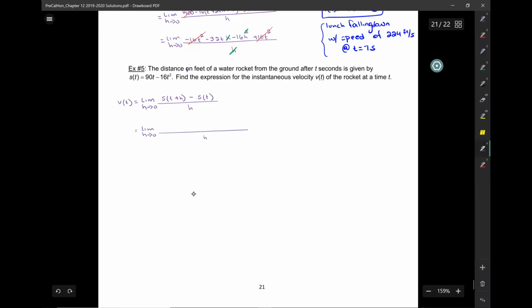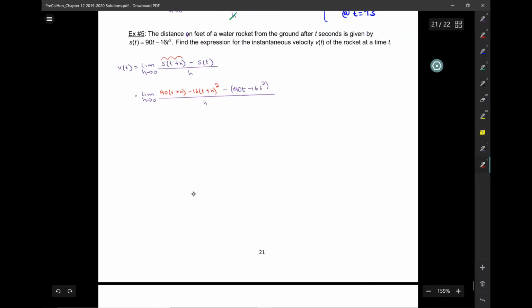Okay, s of t plus h. What is that? That's 90 times (t plus h) minus 16 times (t plus h) squared, minus, what's s of t? 90t minus 16t squared. Now we're going to have to simplify all this.